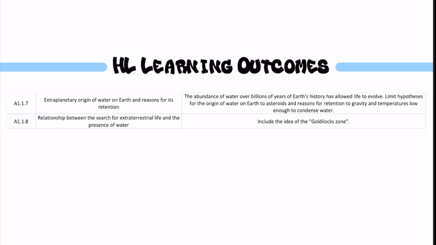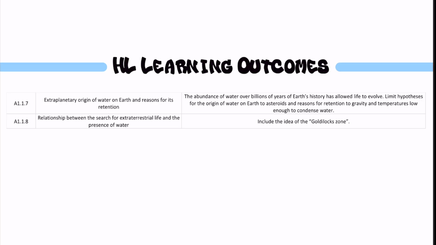Specifically, we're referring to the hypothesis that Earth's water originated from asteroids, and what exactly is required for water to have remained on Earth. And secondly, this learning outcome is all to do with water's relevancy in looking for life outside of Earth, and why water is so necessary and why it's a really good step to look for life outside of our planet and outside of our galaxy.